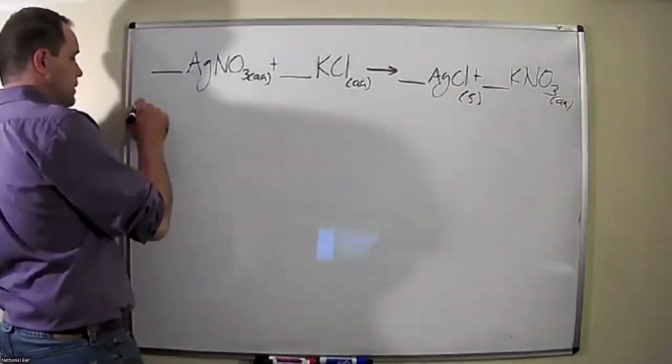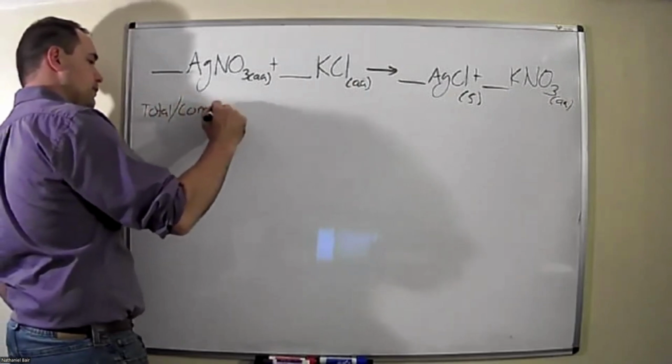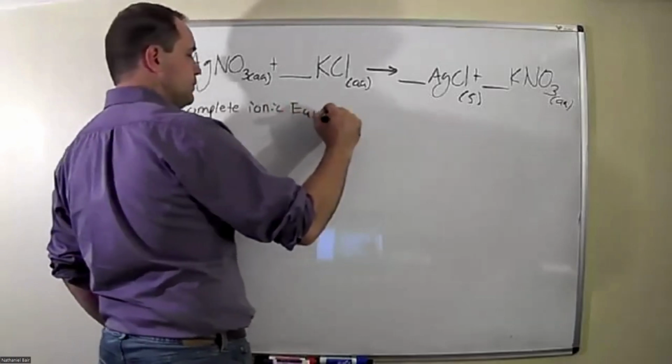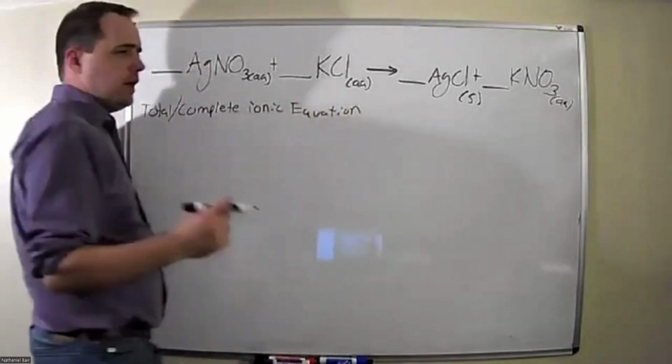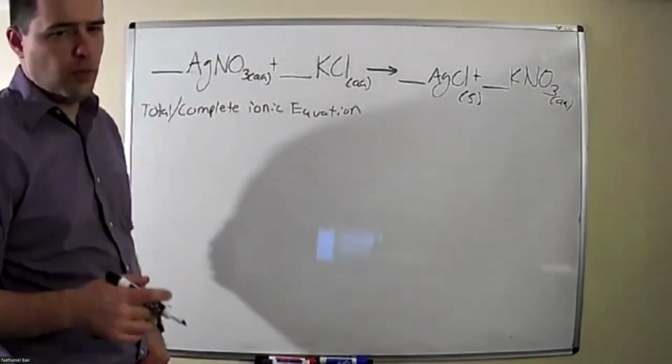Now what I want to write is called the total or complete, either term is fine, ionic equation. And what the total or complete ionic equation does is it dissociates everything that's aqueous.